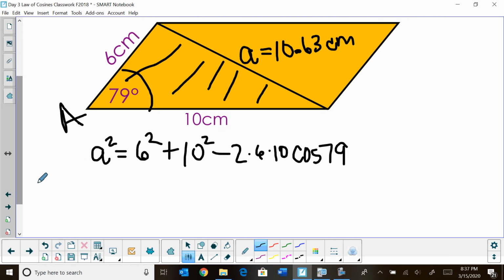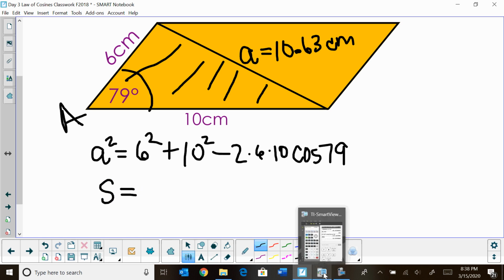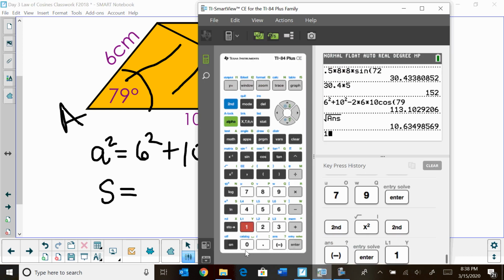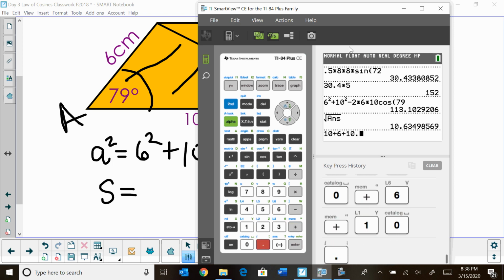So Heron's theorem, I'm going to add the sides. Remember with Heron's theorem, we have to find S first, which is the semi-perimeter. So let's take the 3 sides of 6, 10, and 10.63 and add them up. 10 plus 6 plus 10.63, right?